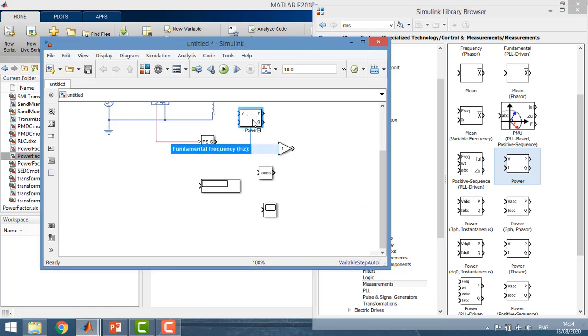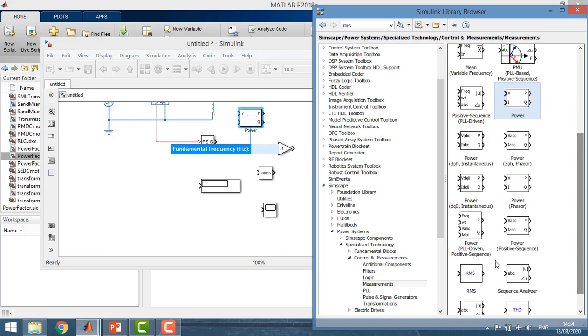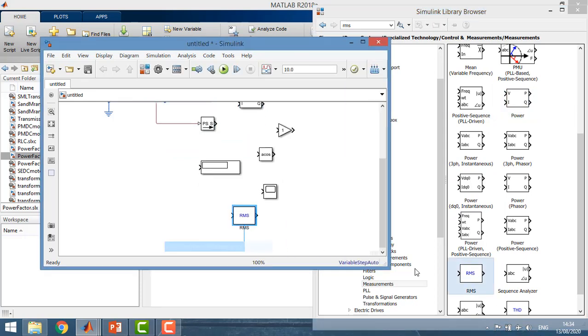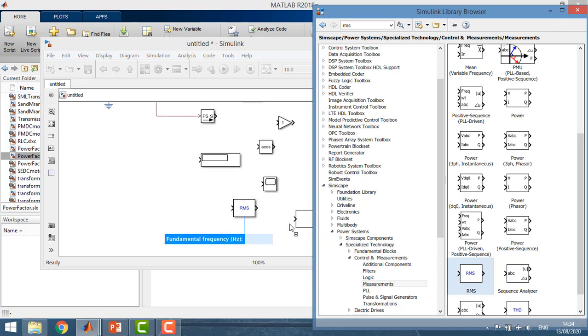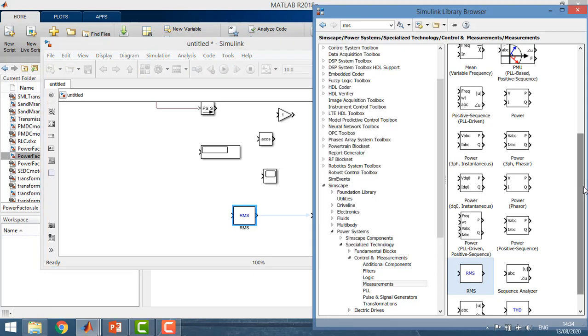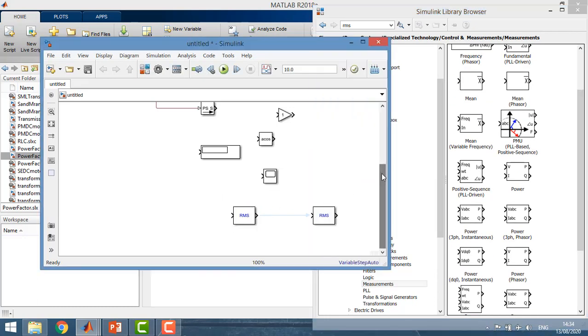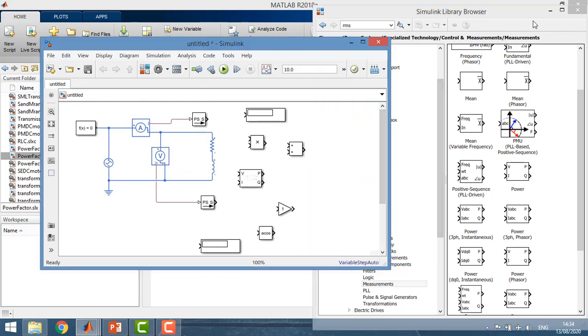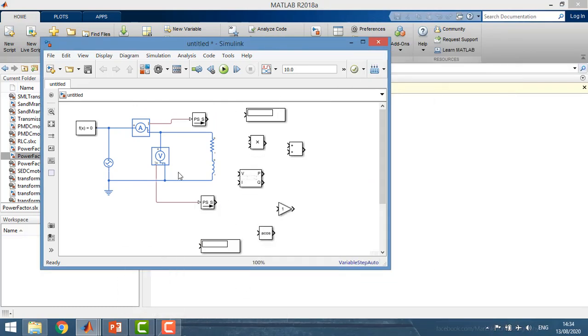It's a crucial one. And then we'd like to have, just to see if we can calculate these values in a different way, the apparent power, we'll see in a minute. Alright, so if we need more components, we'll go back to the library and bring them on.